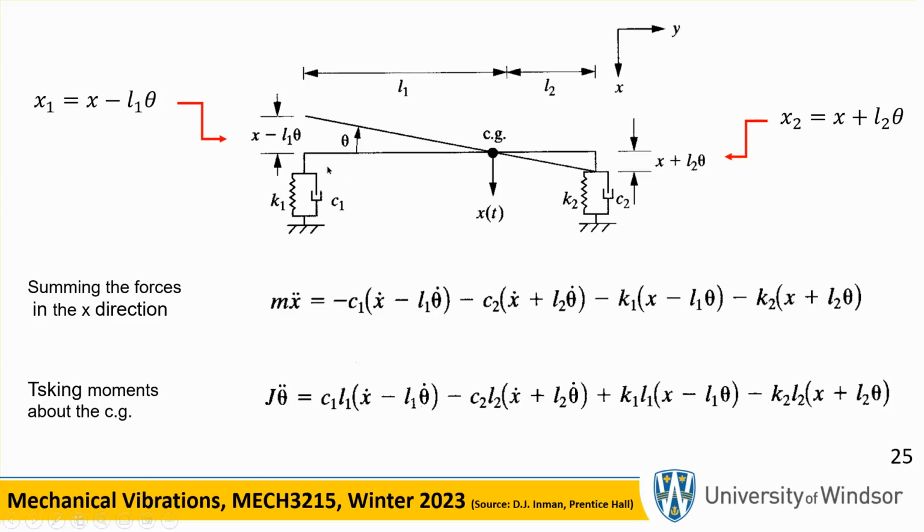This is the moment arm of the damping force here. For the spring force right there, again L1. For this damping force, the moment arm is L2. And for that spring force, the moment arm is L2. So patiently write the moments of these forces about the CG, which means you're going to have these moment arms, equal to Jθ double dot.